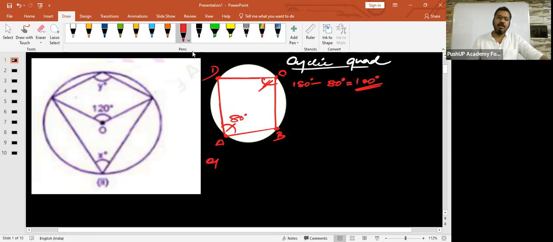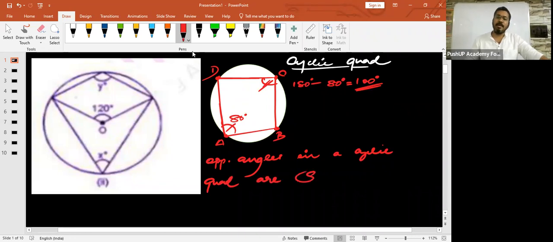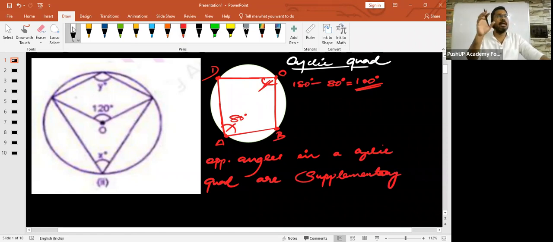Okay. Now, why did I say that it is 100 degrees? Because the opposite angles in a cyclic quadrilateral are supplementary. You all know what is the meaning of supplementary and complementary, right? If the sum of the angles is equal to 180 degrees, then you call both the angles supplementary to each other.